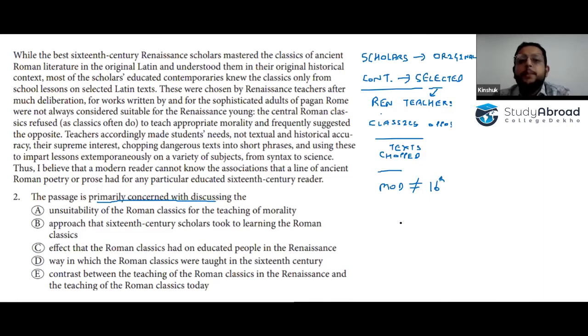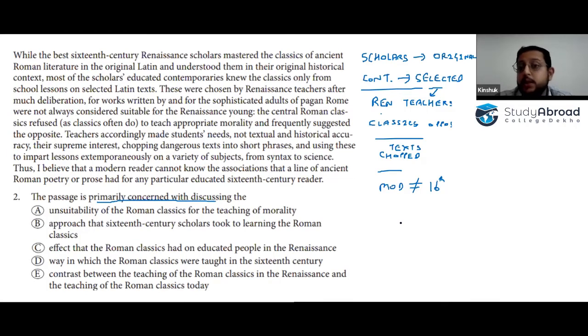So now see what is happening. Now you're supposed to find out the main idea of the passage. The idea of the passage comes from all of these things. You have to look at an overall picture. So initially it tells us that scholars read the original text, but the contemporaries read the selected text. Why? Because Renaissance teachers, what they wanted to teach, it was opposed by the classics. Those people specifically opposed that. And then what did they do?